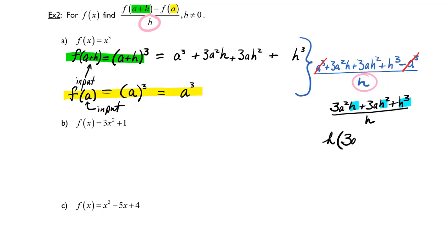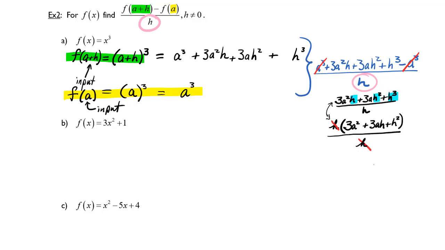That will give me 3a squared plus 3ah plus h squared. And if you're curious how I got that, just go ahead and multiply that h back in, and it will be exactly like what I started with in the numerator. That's all over h, and conveniently, my h's divide out. This means that my final answer is simply the numerator, 3a squared plus 3ah plus h squared.